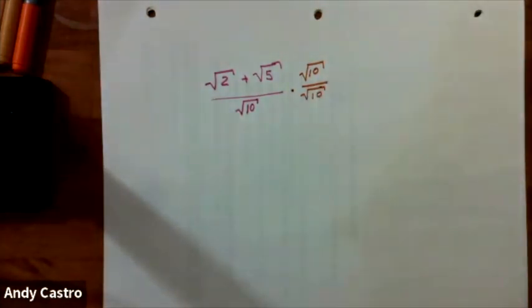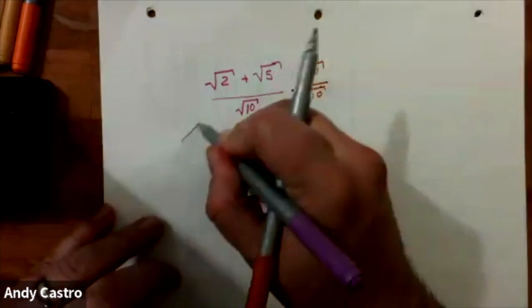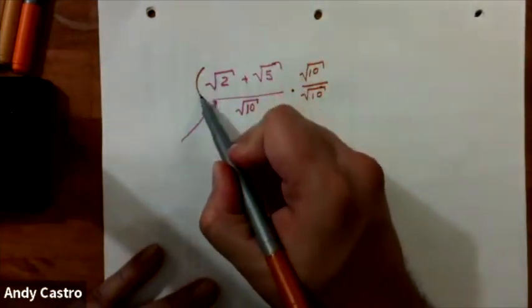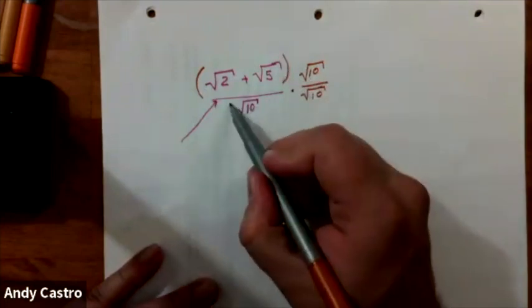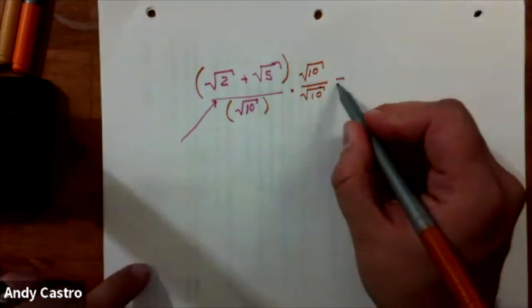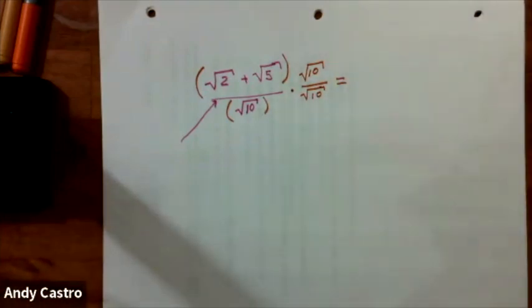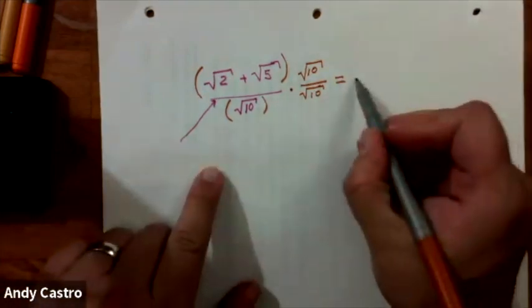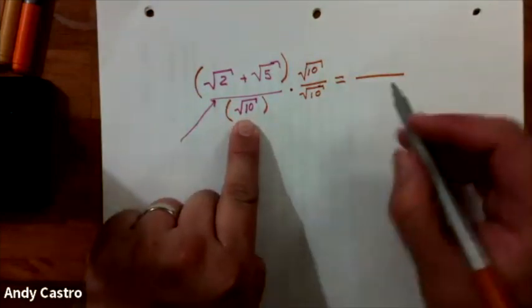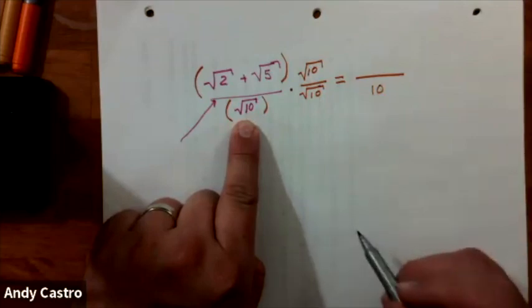Now remember that this is a vinculum, meaning that it implies that there are parentheses above and parentheses below. Why is that important? Because we're going to multiply these together. The denominator is easy. Square root of 10 times the square root of 10 is just 10.